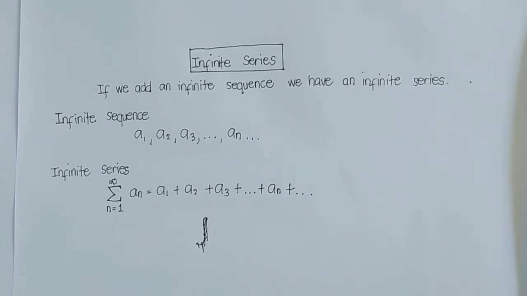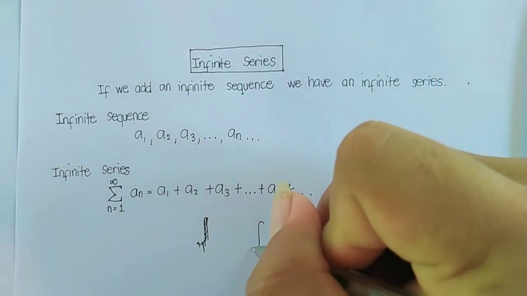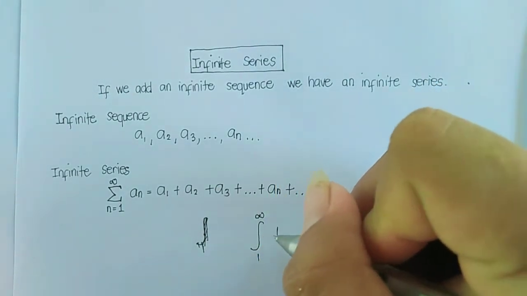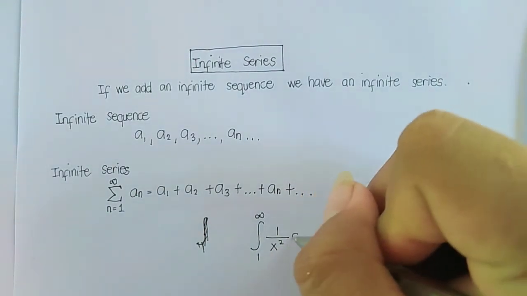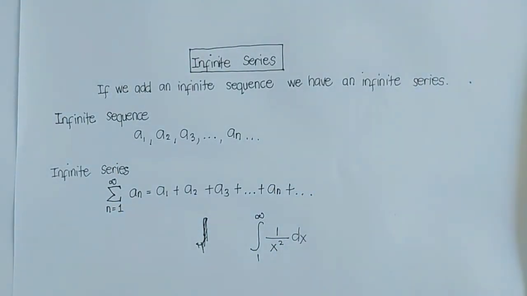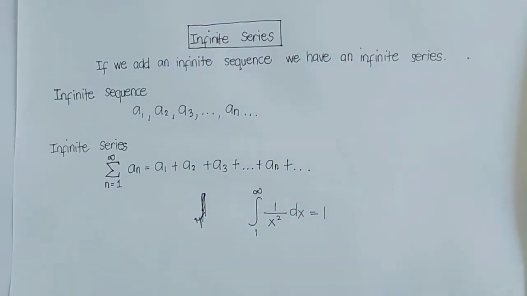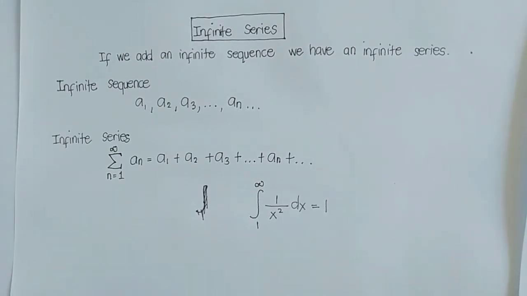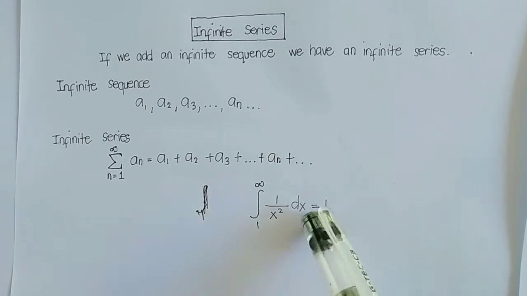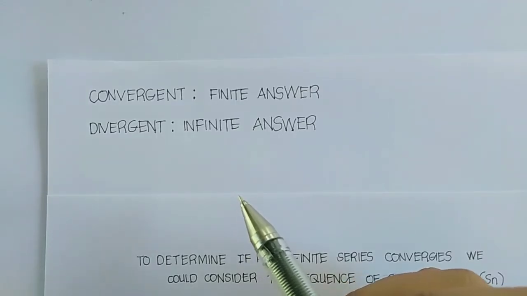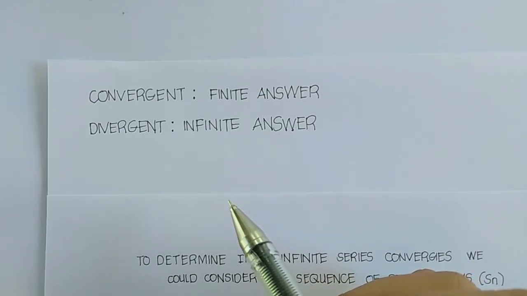If we bring up the integral from 1 to infinity of 1 over x squared dx, we can find out that it is equal to 1. This means that with the limit of integration going to infinity, we still get a finite number for the area under the curve.